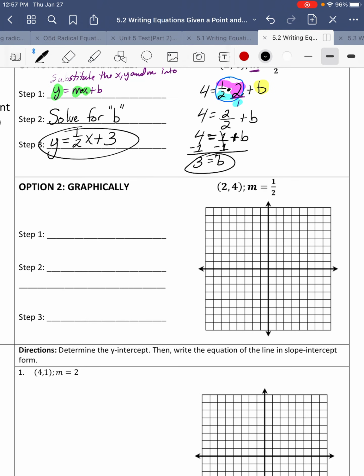All right, graphically doing the exact same thing. 2, 4 is the coordinate, so we went on the x-axis 2, and then we went on the y up 4. So that's going to be the first step, plot the point.